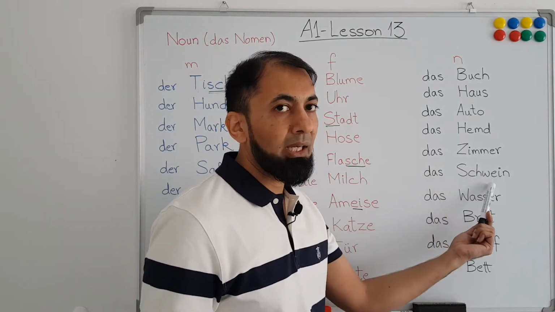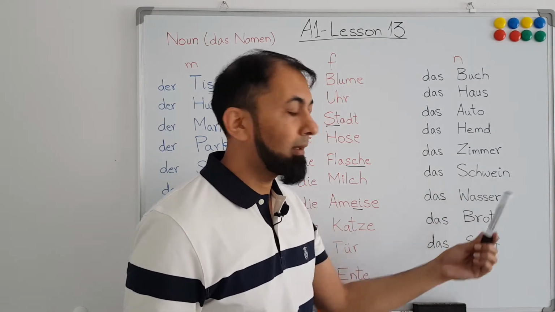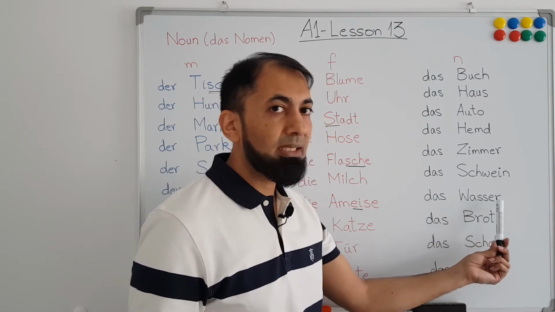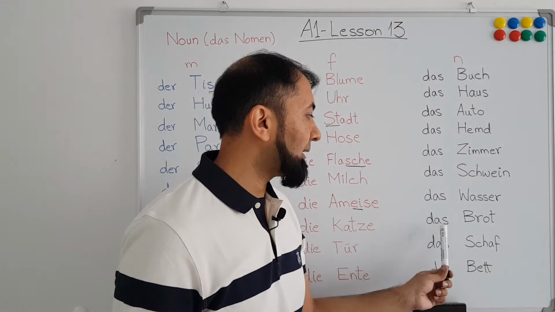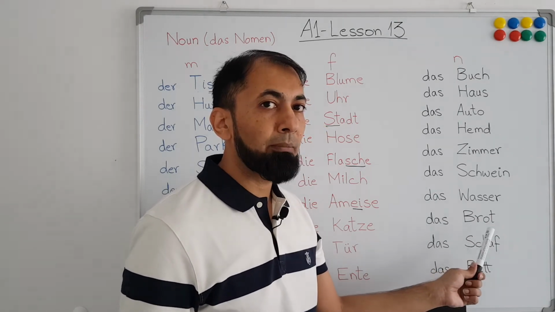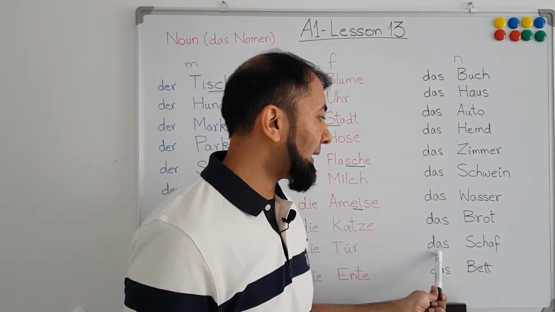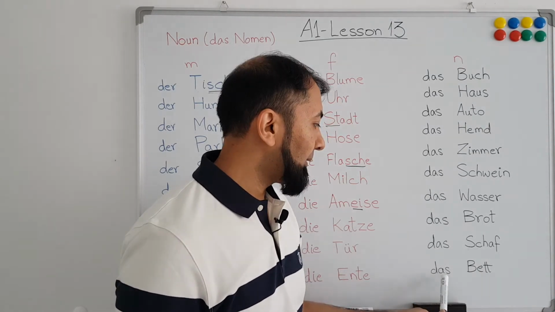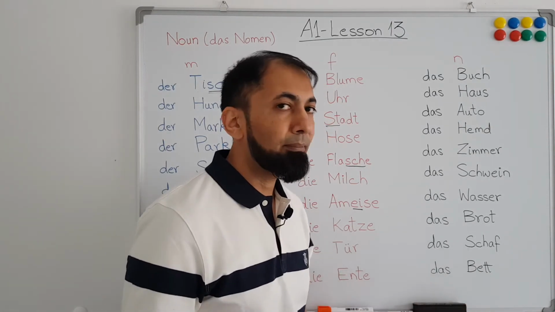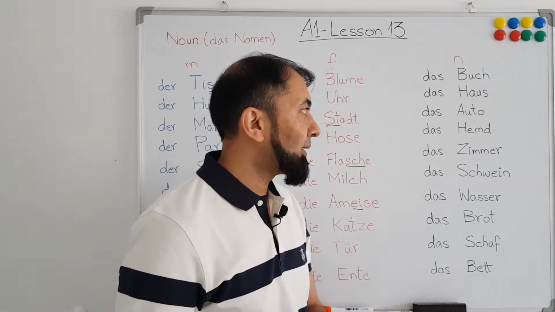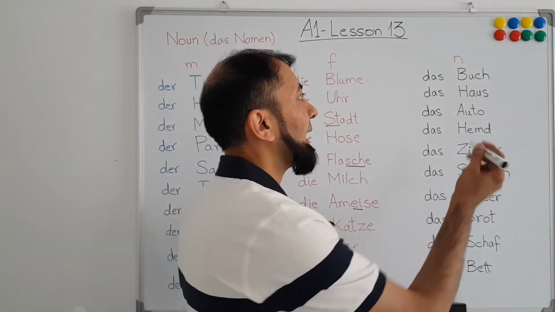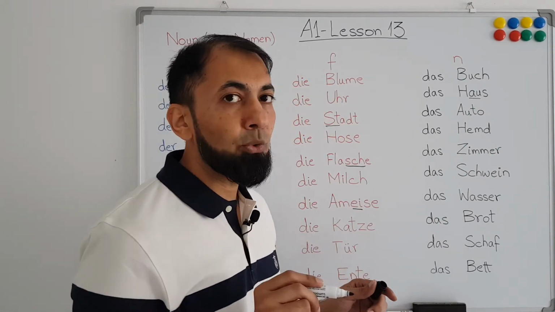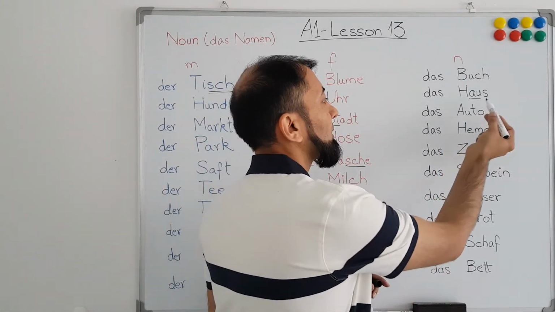Das Schwein. Schwein means pig. Das Wasser. Wasser means water. Das Brot. Brot means bread. Das Schaf. Schaf means sheep. Das Bett. Bett means bed. So here you also see that you have A and U coming together, which will produce au, Haus.